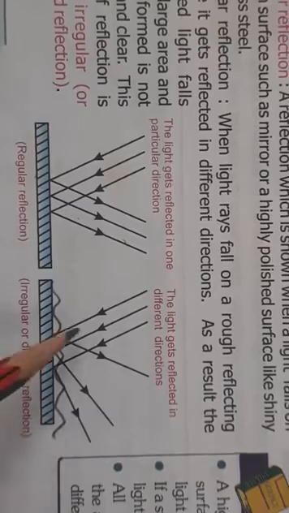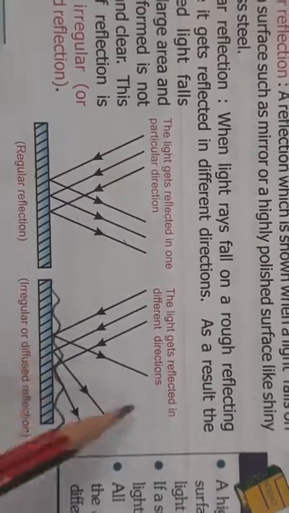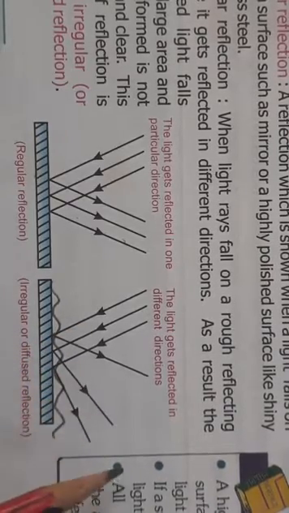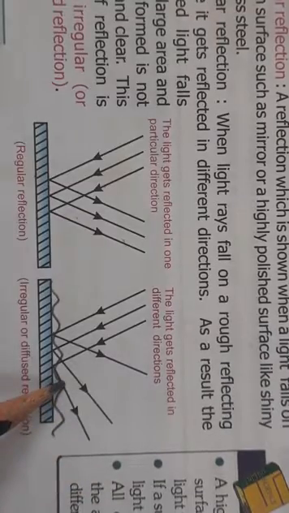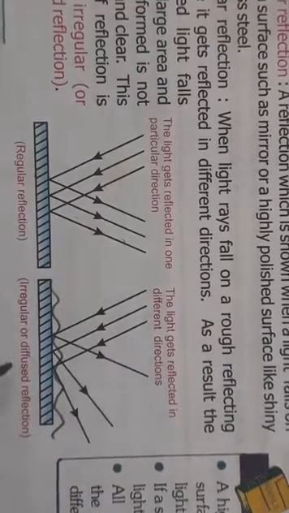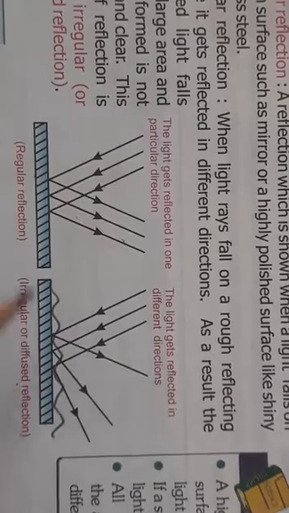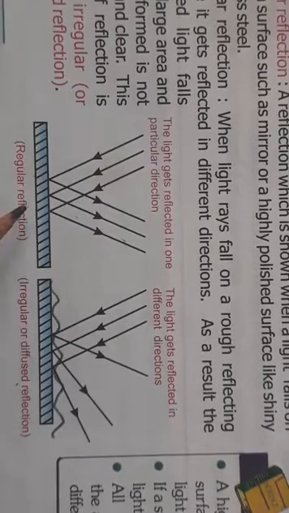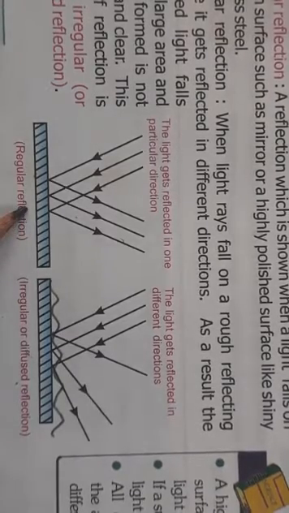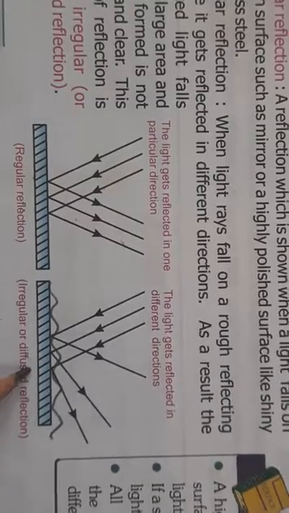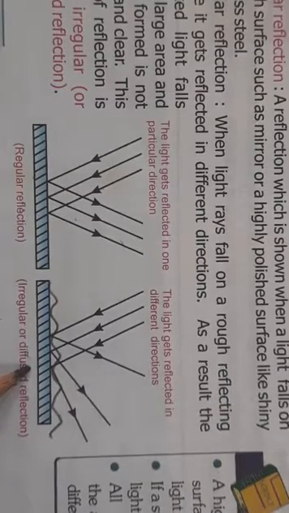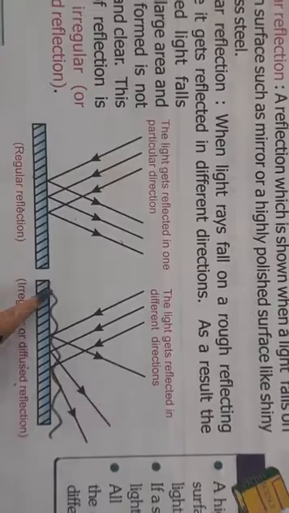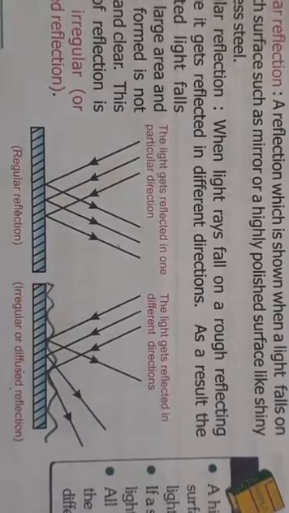So when the reflected rays get scattered in different directions, this kind of reflection is called an irregular or a diffuse reflection. So regular reflection takes place when light rays hit a highly polished surface, and diffused reflection takes place when the light ray falls on a rough surface.